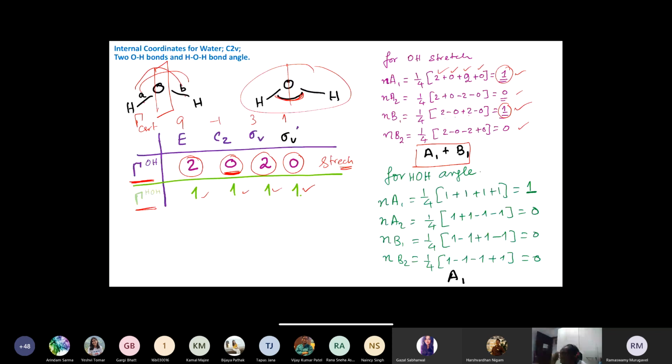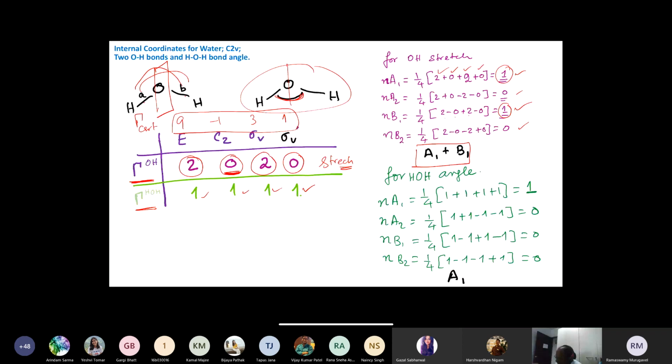But how did I get it? I took this and I reduced it, got the total number of A1s, A2s, B1s, B2s, subtracted the rotations, subtracted the translation, and finally got the total vibrational modes. Then I looked at the symmetry and assigned which are stretching and which are bending.